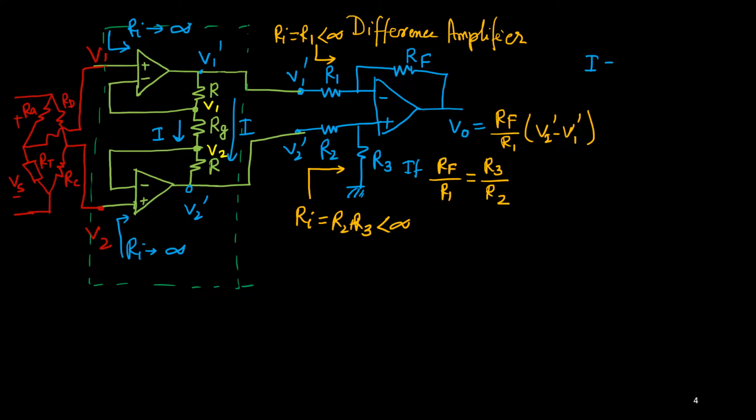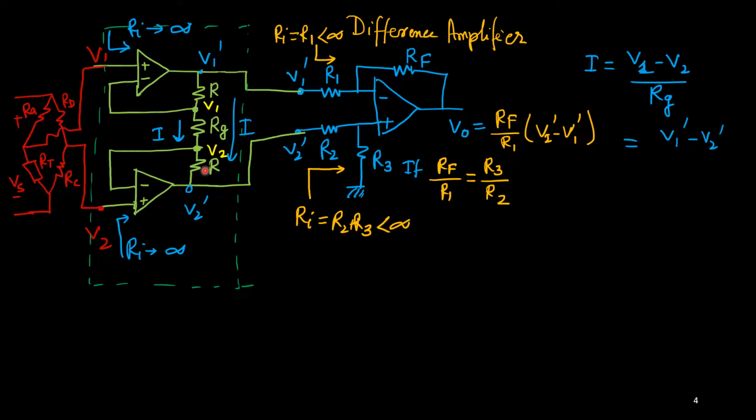This I is simply (V1 minus V2) upon RG, and that is the same as (V1 prime minus V2 prime), because this is the potential V1 prime, this is the potential V2 prime, and in between the total resistance is R plus RG plus R, because there is no current here, no current here.